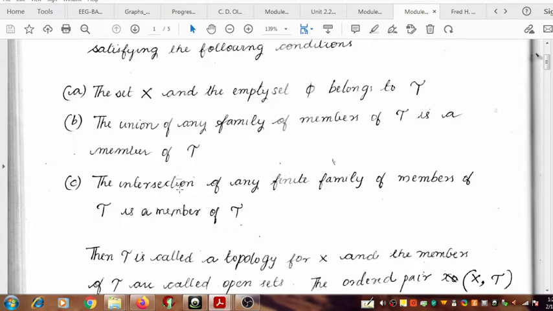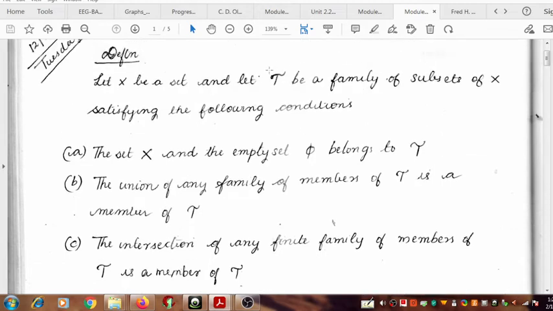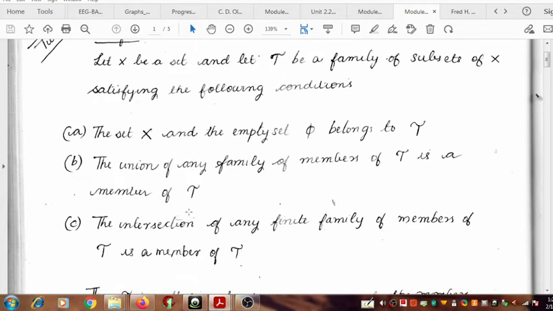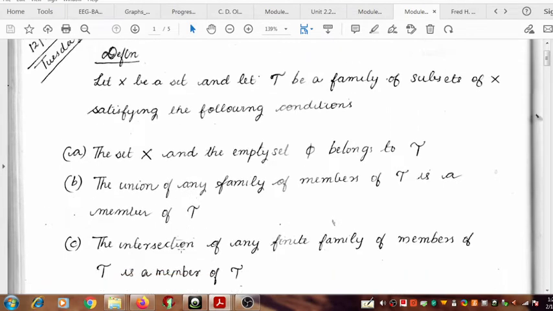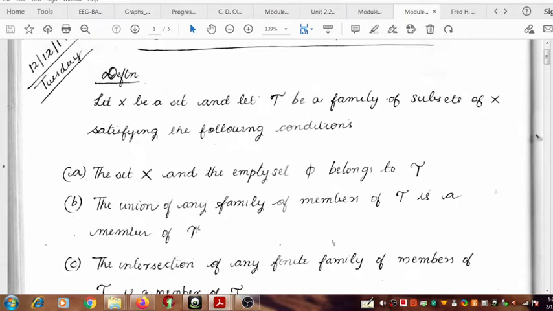These are the three conditions that must be satisfied by the family tau in order for that family to be called a topology. If these three conditions are satisfied, we say that tau is a topology defined on the non-empty set.